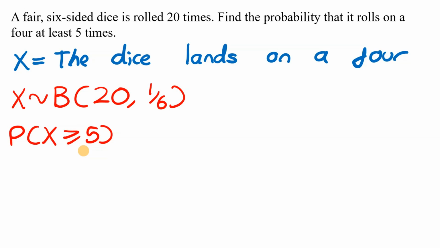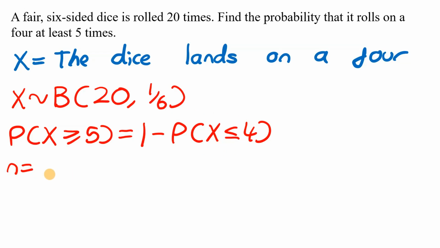Now on our ClassWiz calculator, we cannot put this directly into our calculator. We need to do 1 minus the probability that x is less than or equal to 4, and this here we can put into our calculator. So n is equal to 20, p is equal to 1 over 6, and x is equal to, in this case, 4, okay?